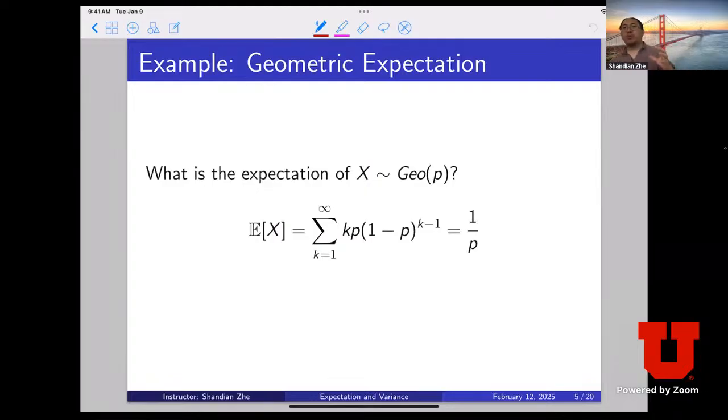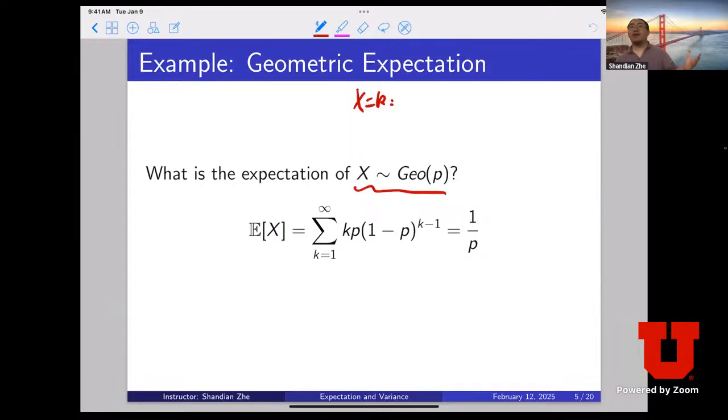The geometric distribution talks about this: suppose you do multiple independent Bernoulli experiments, and you ask after how many trials you get the first success. So if X follows a geometric distribution, then X equals K means the first success appears at the kth trial.